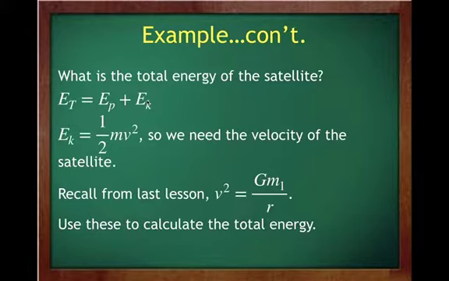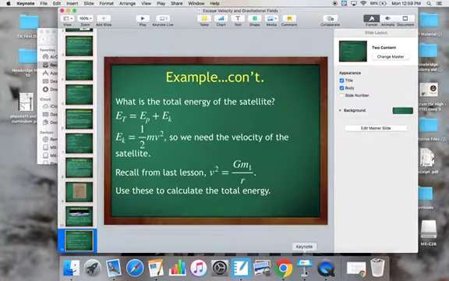So we have its gravitational potential energy, EP or EG, and then we have its kinetic energy to think about. You might recall that EK, kinetic energy, has the formula 1/2 mv squared. And as we do that, we realize we're going to need the velocity of the satellite.